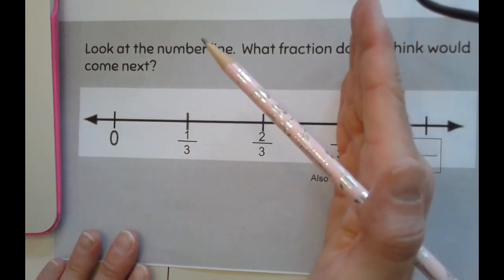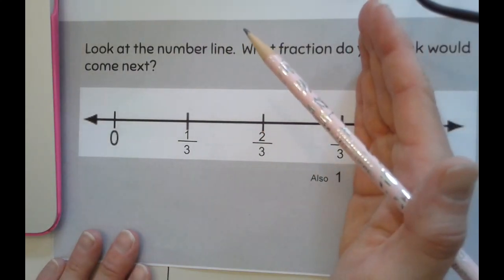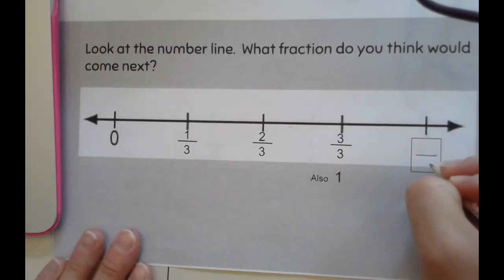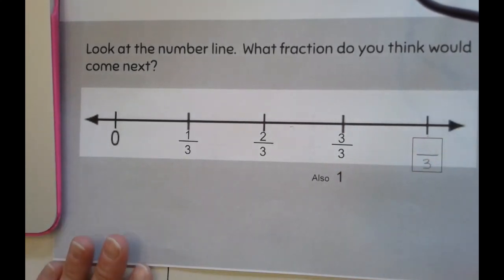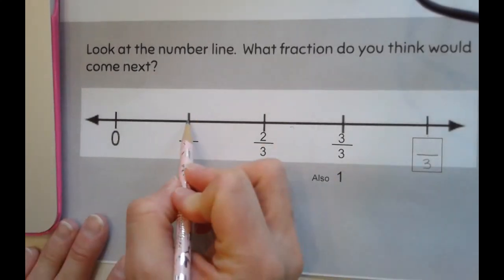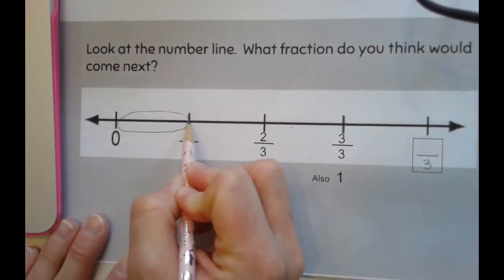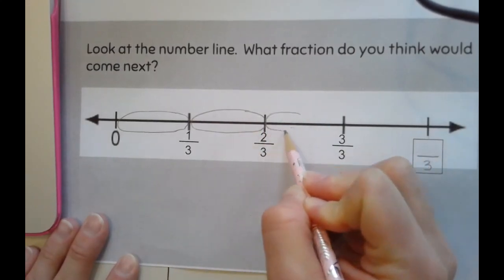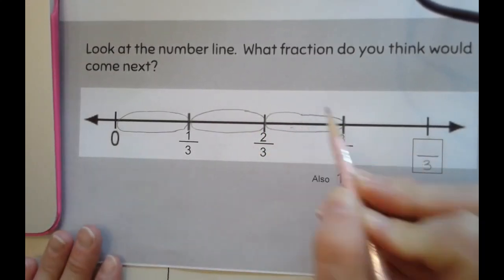So this whole in this situation is broken up into thirds. So if we have another third, the denominator is still going to be 3 because this is broken up into thirds. This space represents 1/3. This space represents 2/3. And this space represents 3/3, which is the same as a whole.